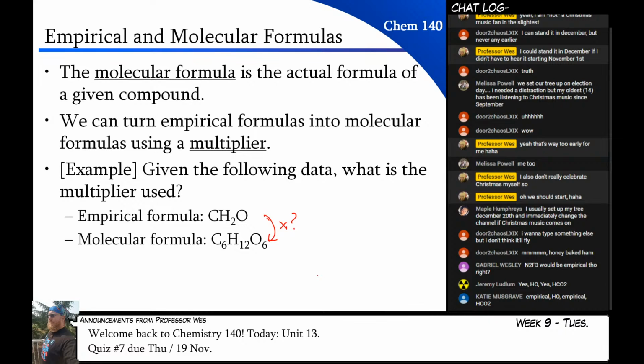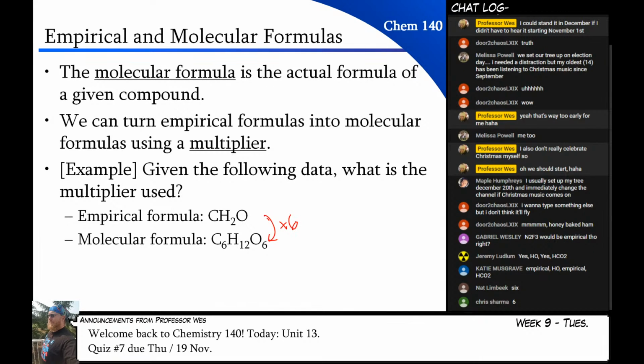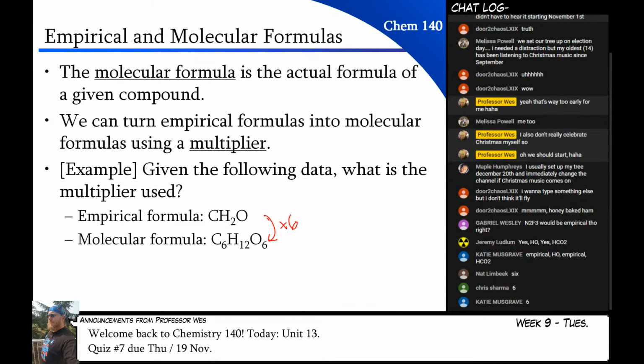So in this example, I have an empirical formula, and I multiplied it by some number. What is that number? Yeah, obviously it's 6, right? Easy enough.